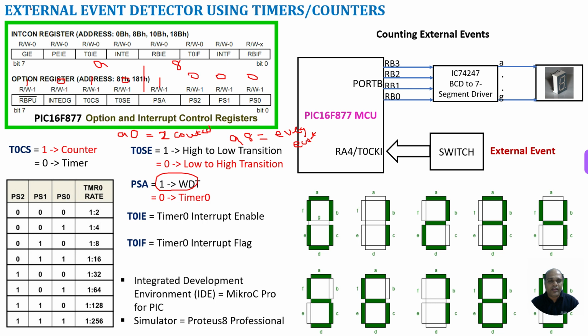So here, 0, 0, 0, 0, 0, 0, 0, 0, which means since I am putting 0 to the global interrupt enable, all the interrupts will be disabled. I am not going to use the interrupt concept here, so I am going to set it to 0x00.